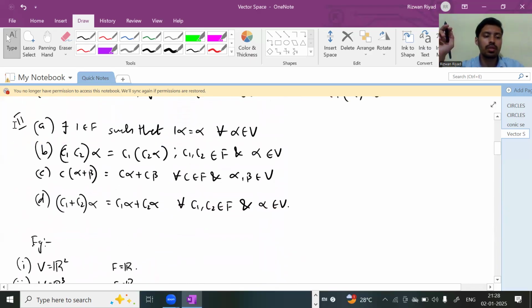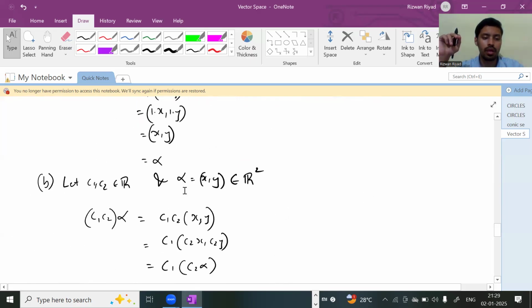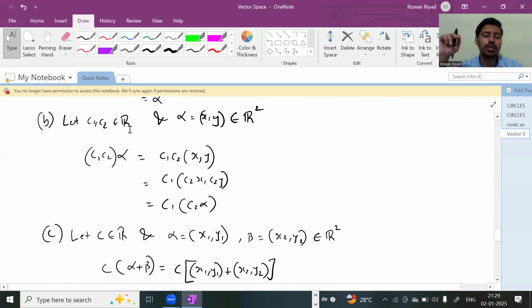Now B in the second set: (C1 C2) into alpha will be equal to C1 into (C2 alpha), for any C1, C2 belongs to F, in this case R, and for any alpha belongs to V, in this case R square. Suppose C1, C2 are any two real numbers, and alpha equals (x, y) belongs to R square.